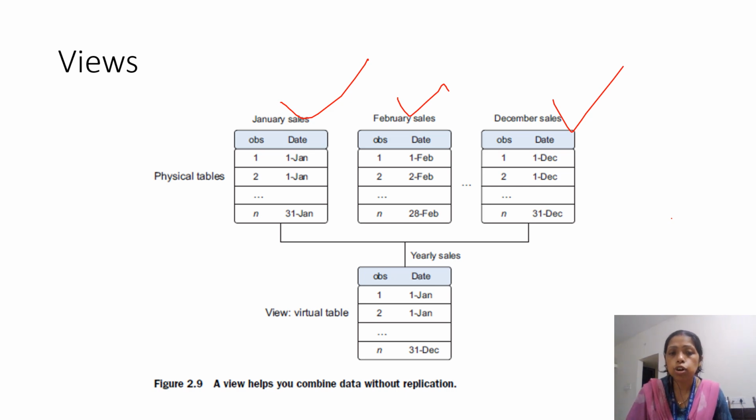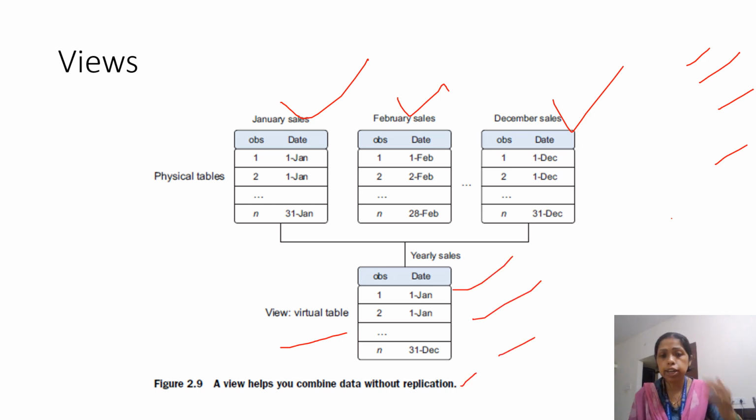We are not actually appending; we are just visualizing all the data in one table, a virtual table. First January, then February, March, April, up to December. All the data comes into one table.